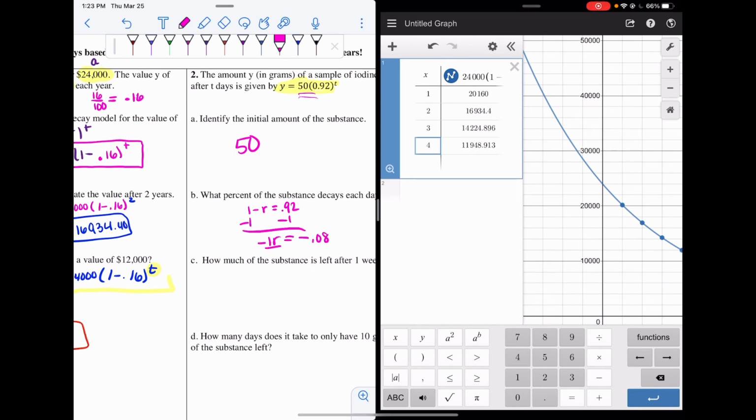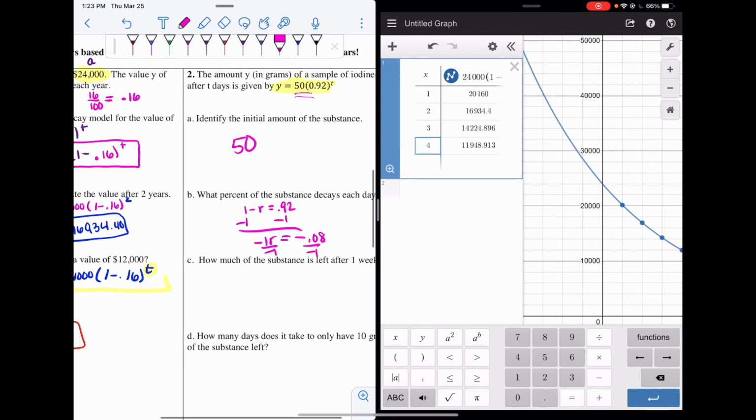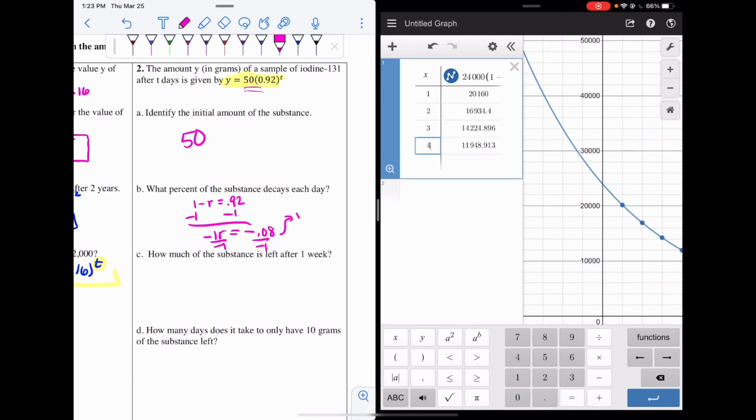Now I divide by negative 1, and I get r equals 0.08. Here's the issue, that gives me the decimal. I want the percent, so I'm going to multiply both sides by 100. I get 8%. So this is an 8% rate of decrease.